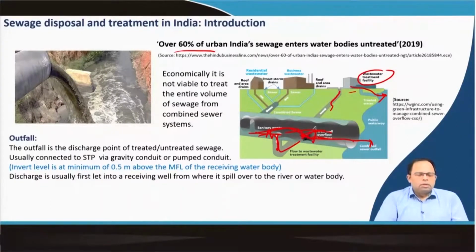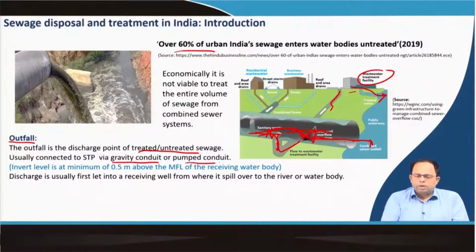The disposal point, as we have discussed earlier, is known as an outfall, and it is a discharge point of both treated as well as untreated sewage. Both the treated and the untreated sewage come over here, usually via a gravity conduit from the sewage treatment plant, or it could be a direct connection, where the sewage treatment plant is bypassed and the flow goes directly into the outfall.